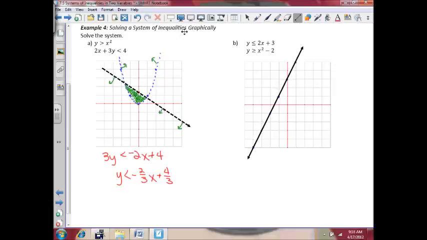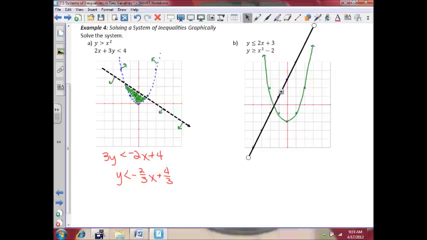And then y is greater than or equal to x squared minus 2. So it says less than that line, and then greater than.